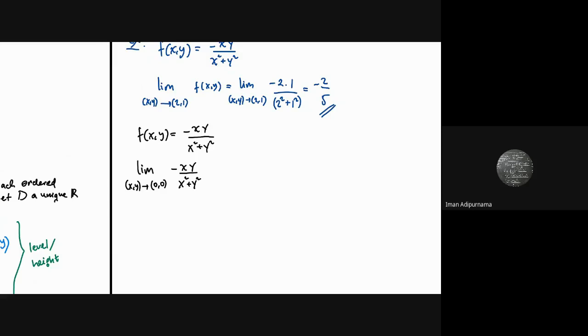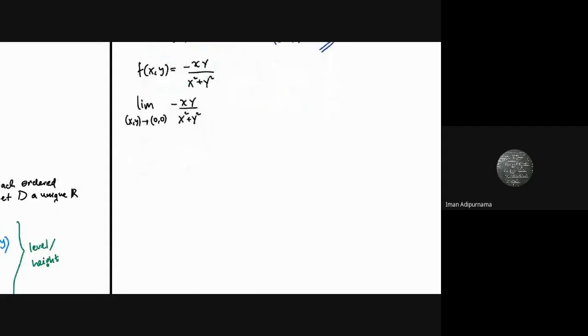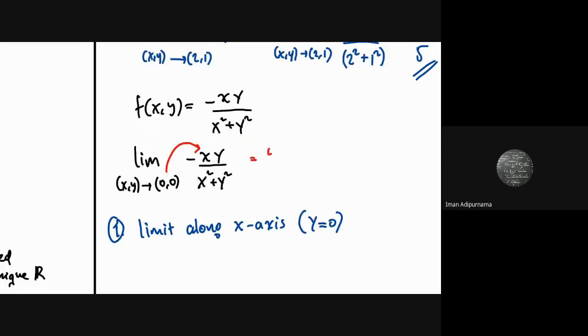Now we are going to solve it case by case. So first, we are limiting along only the x-axis. This is when y equals 0, right? You get it? Okay, so before we go through, if we put it in here, it will be 0/0. We don't want that, right?